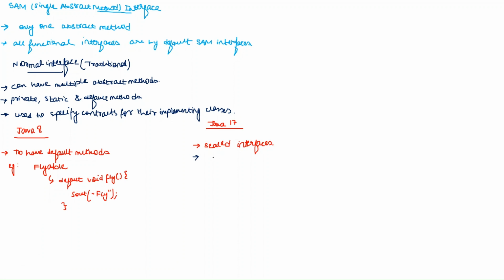Sealed interfaces are introduced in JDK 17 as a part of sealed classes and interfaces, and it restricts other interfaces or classes that can implement it.